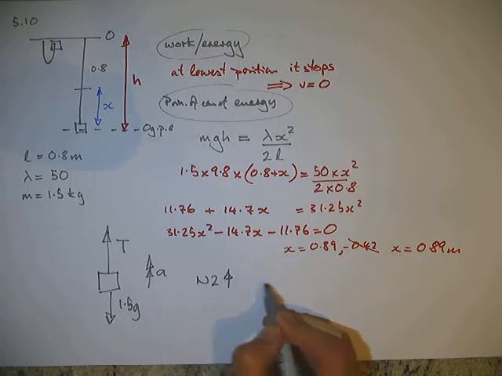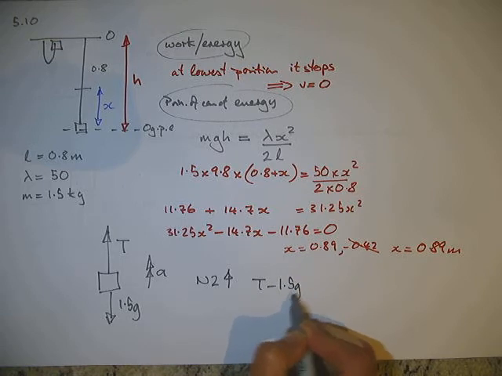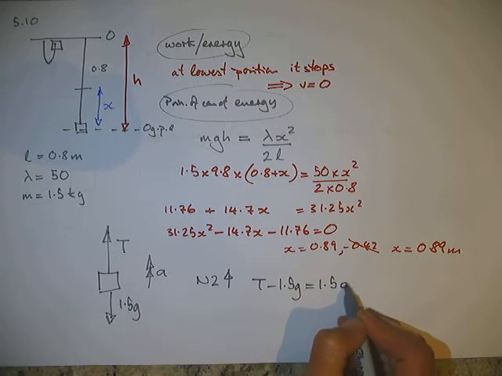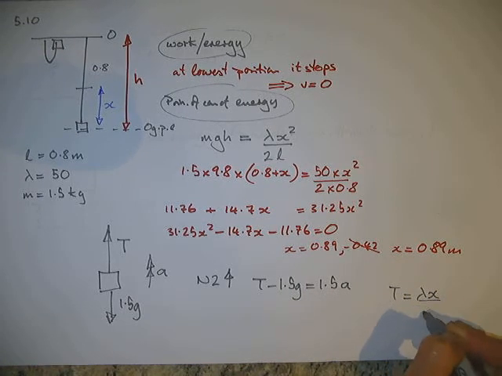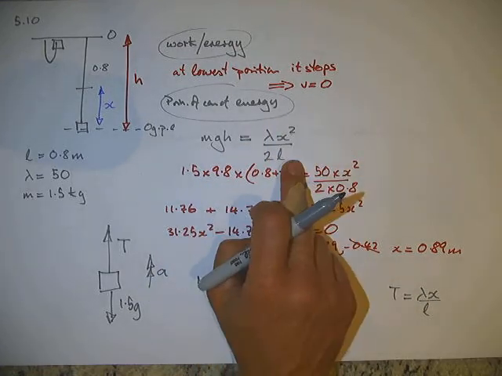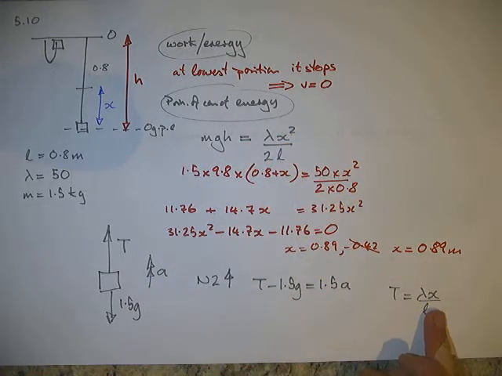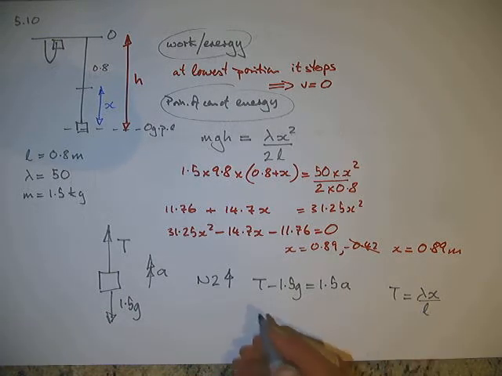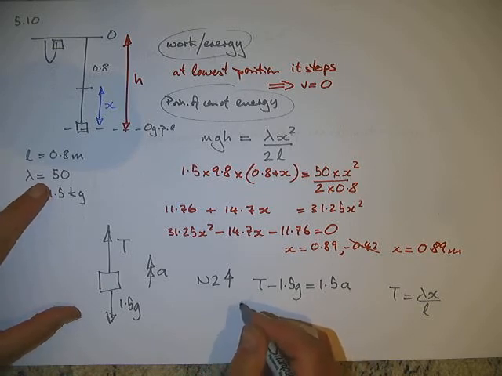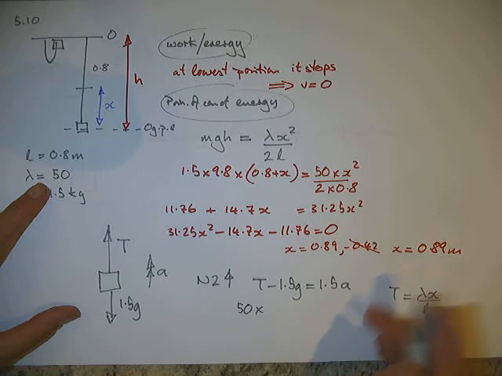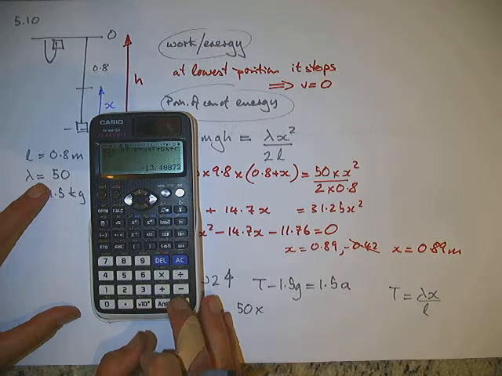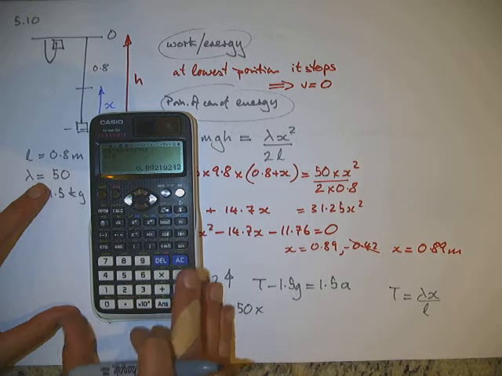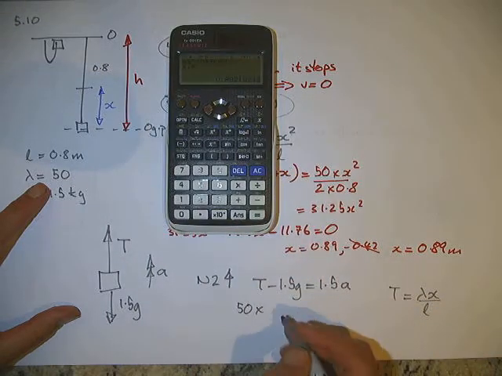Newton 2 upwards. T take 1.5 g is 1.5 a, and T is lambda x over L. Elastic potential energy, x squared over 2L. Hooke's law, the tension is that without the 2 in it. So we've got 50 multiplied by an extension of 0.8922.